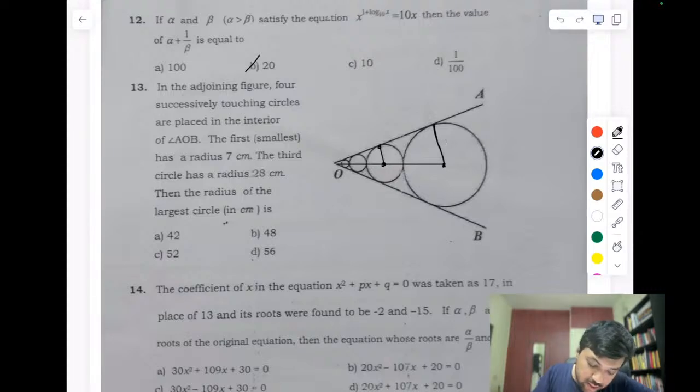Actually the smallest one has a radius of 7, but we are going to draw it here anyway, regardless. This one has 7. This one apparently is 28. One thing you could notice is that these are similar, but the point is, what is the ratio?